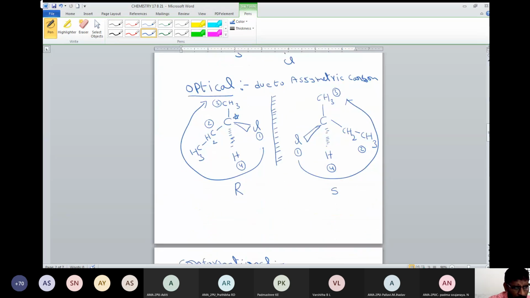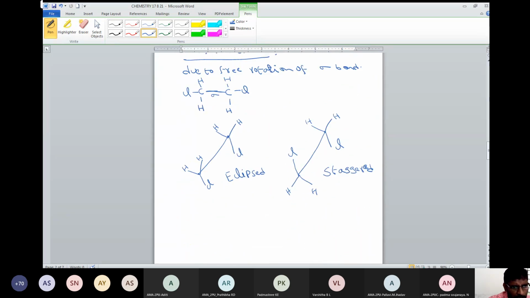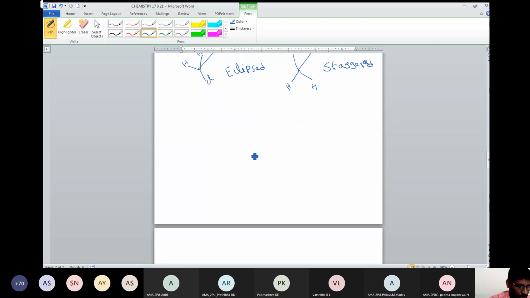Right, so the physical properties are completed. Next, we'll start the chemical properties of haloalkanes.